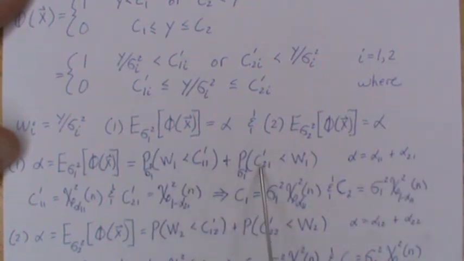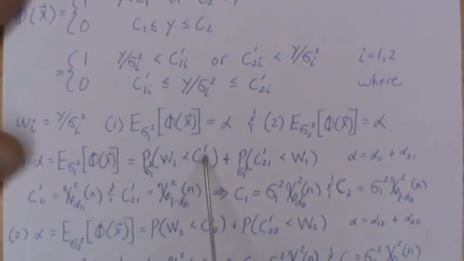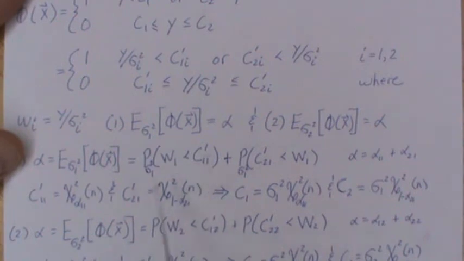So they have to sum to alpha, right? But that means C11 prime is the chi-squared constant that makes that alpha 1,1, right? That value is this. And then this value is the chi-squared 1 minus alpha 2,1, right? It's what makes the right tail alpha.